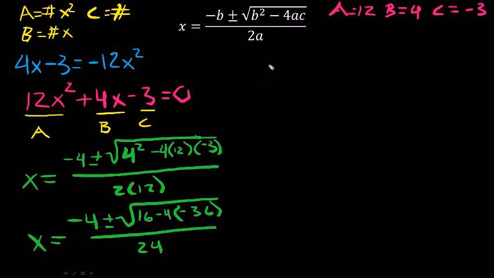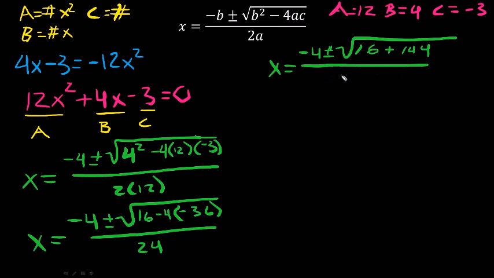I'm showing every step here because I want you to understand what goes through. So 16 plus, because both of the negatives cancel, you're left with 36 times 4, which is 144.